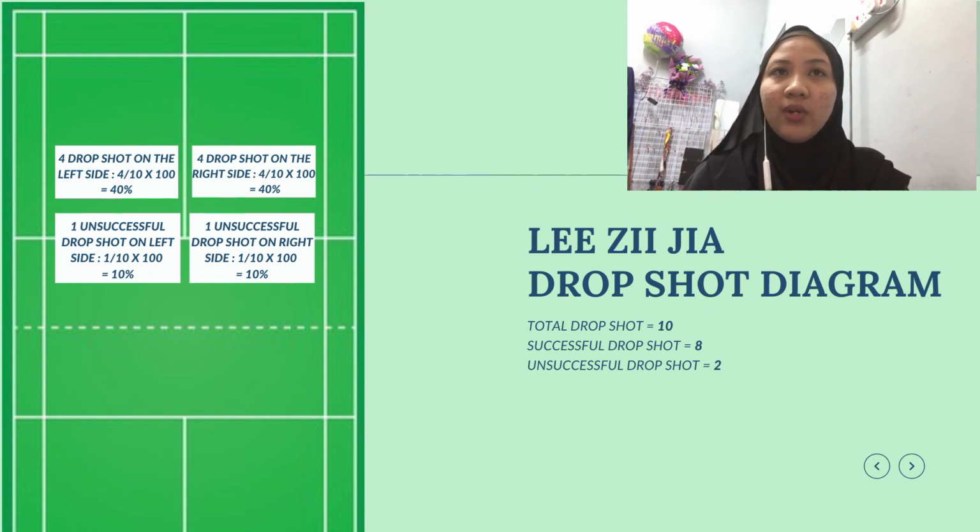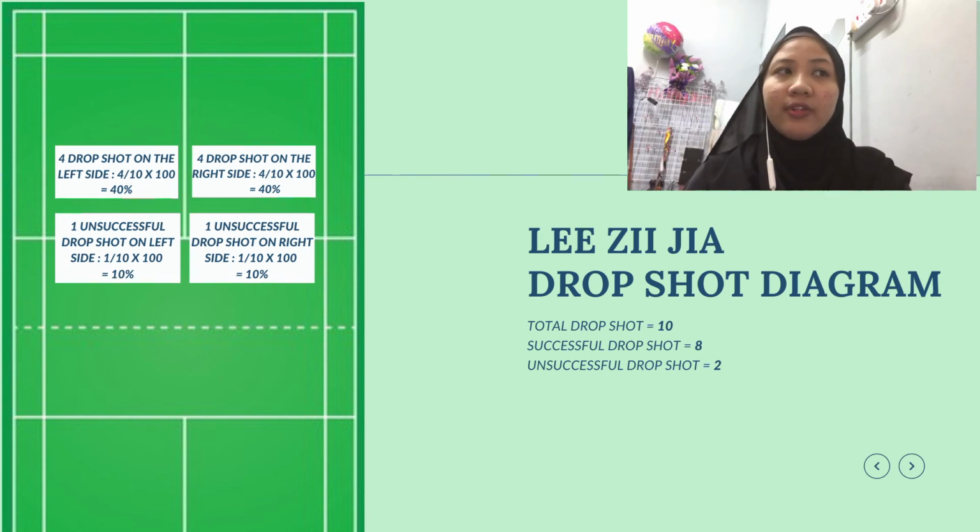The first one is at the left side of the opponent, where 4 drop shots have been targeted, which is a total of 40%, and the other successful drop shots are on the right side. It also represents 40% of the drop shots.